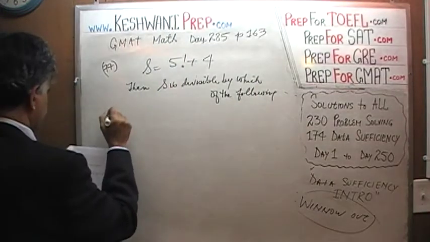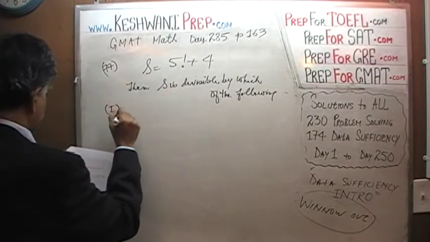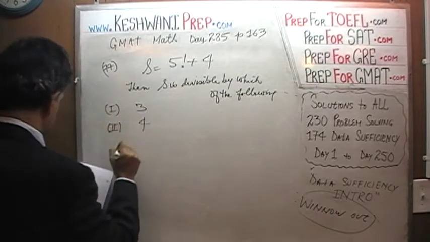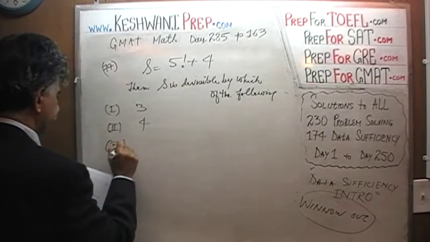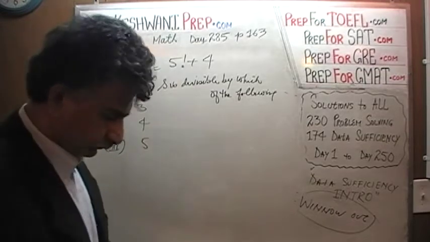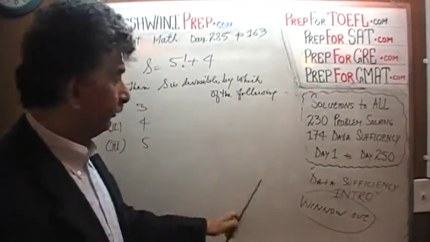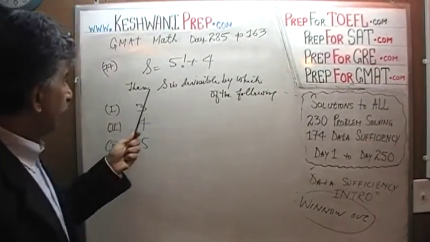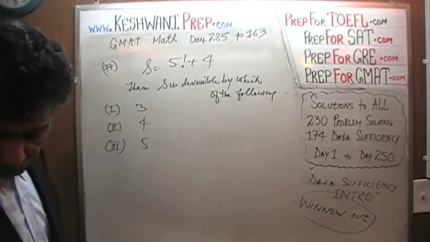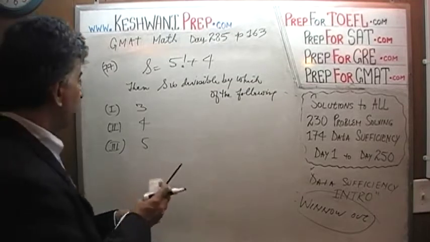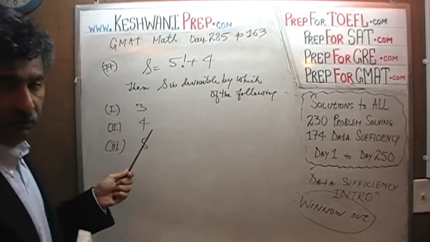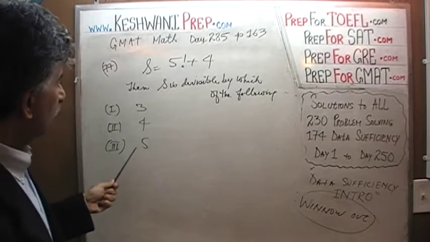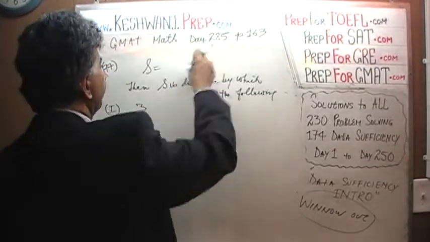Here are the answer choices: 3, 4, and 5. If s equals 5 factorial plus 4, then this quantity is going to be divisible by which of these three numbers? When we say divisible, we mean evenly divisible, either 3, 4, or 5. Let's find out.